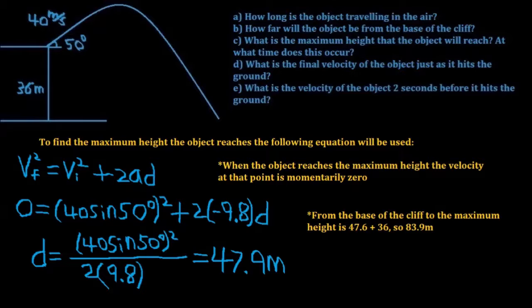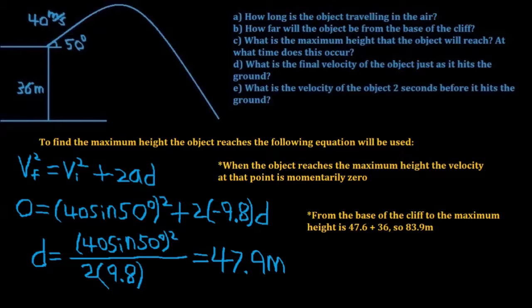The equation here is the one in which time is not involved: v final squared equals v initial squared plus 2 multiplied by acceleration by distance.